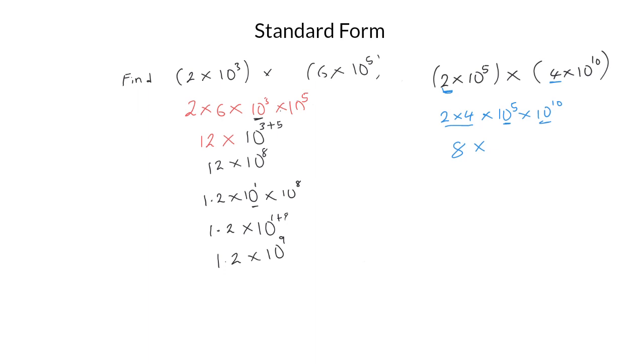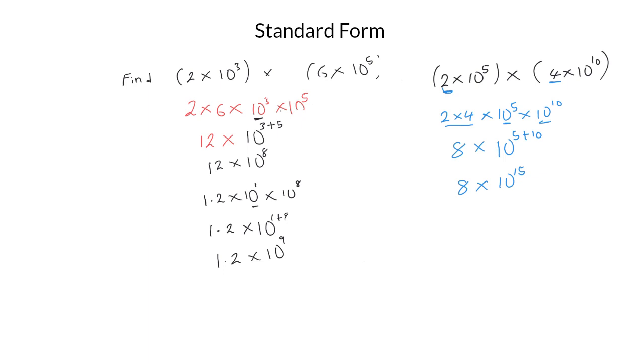The power rule says if the same number is multiplying each other, then you should add their powers together. So 10 to the power of 5 multiplying 10 to the power of 10 is the same thing as 10 to the power of 5 plus 10. So this is 8 multiplied by 10 to the power of 15.